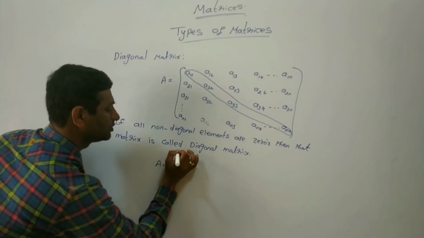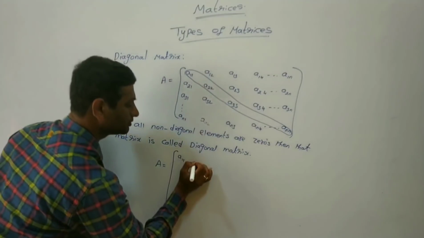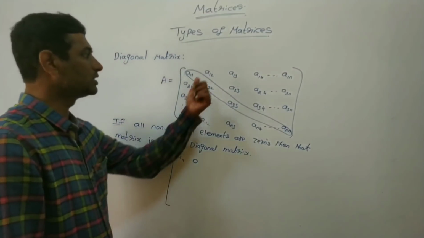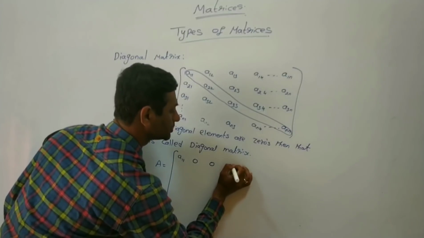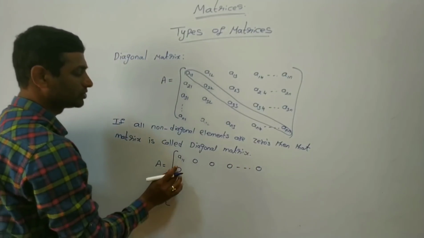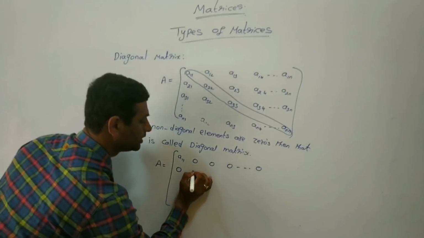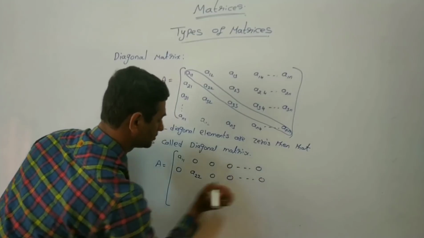So how will it be? A is equal to A11, then A12 is 0 because it is a non-diagonal element, A13 is also 0, A14 is also 0, so on 0. Next, A21 is also 0 because it is a non-diagonal element, A22 is a diagonal element, 0, 0, so on 0.